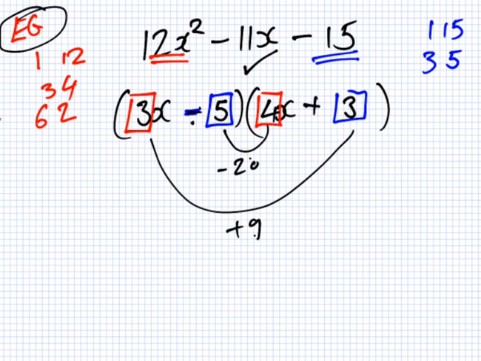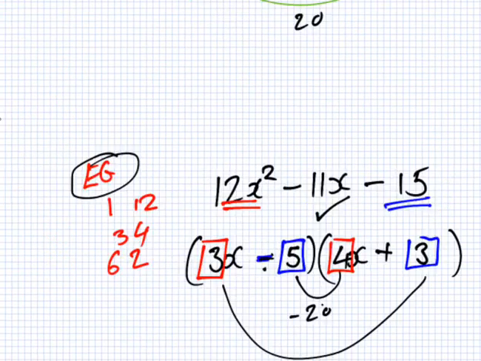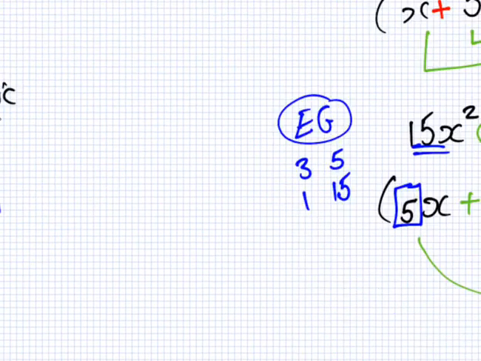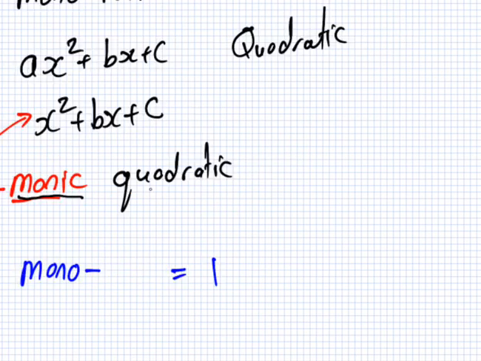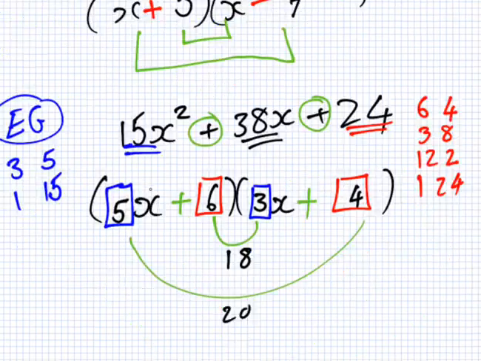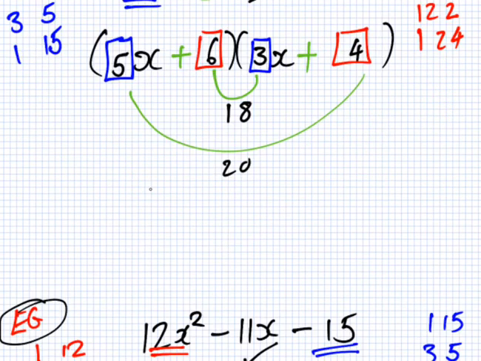And here, what do I get? 24. 15 plus 24. 39. So close. 39. We need 38. Not 39. Okay, so we need to try something different. Let's try. Okay, so maybe 6 and 4.